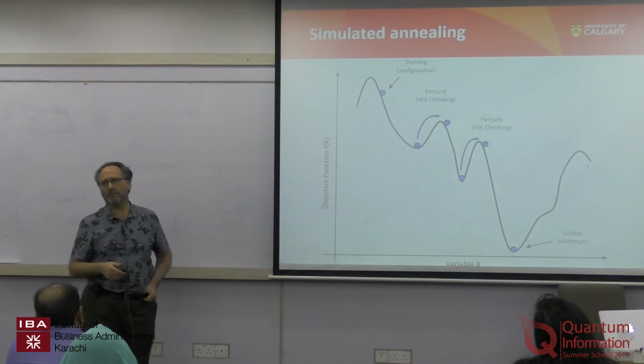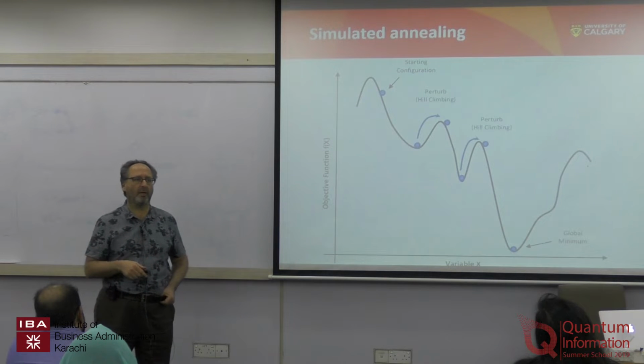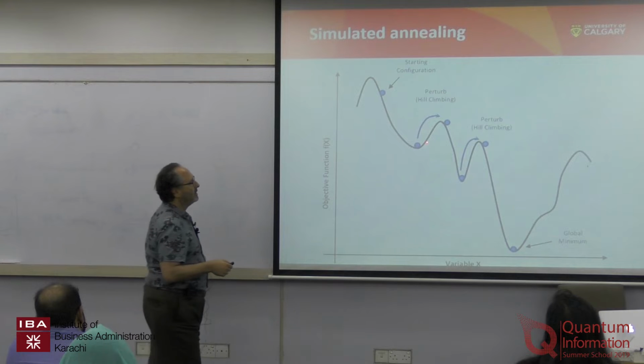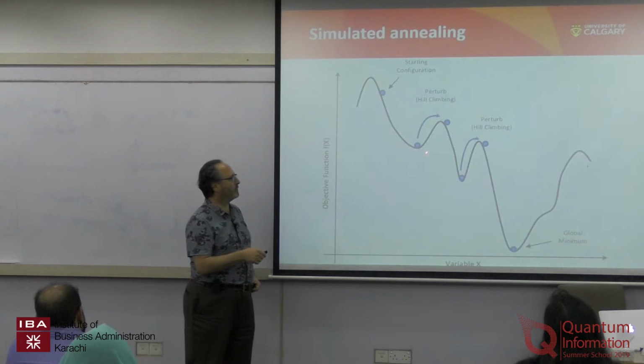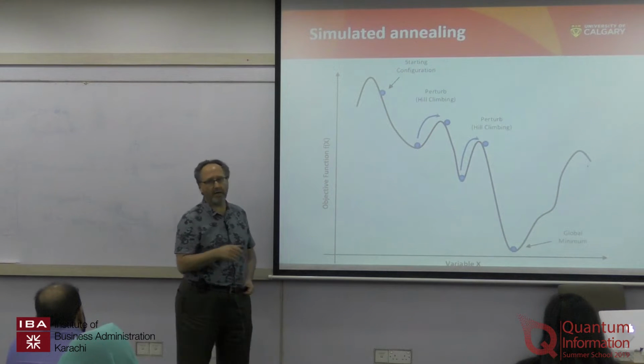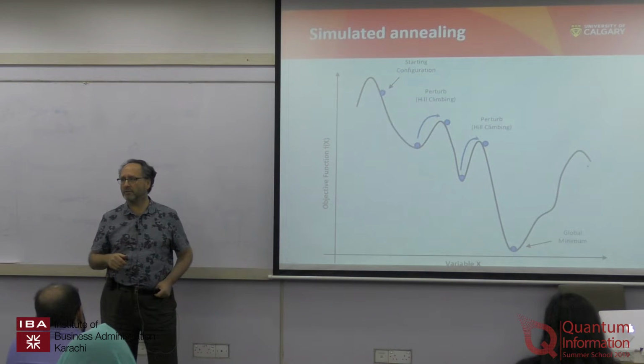And then temperature in physics, if you take temperature in Kelvin multiplied by Boltzmann's constant, it's an energy. So the temperature multiplied by Boltzmann's constant is an energy. It will accept a neighbor that has higher energy, provided the higher energy is lower than the energy associated with the temperature. Okay?